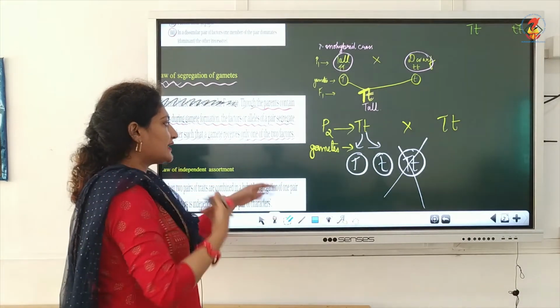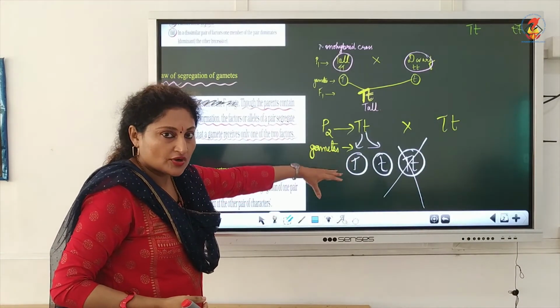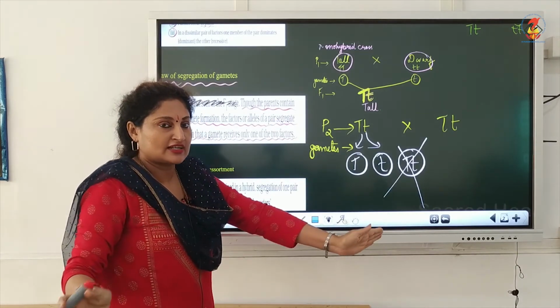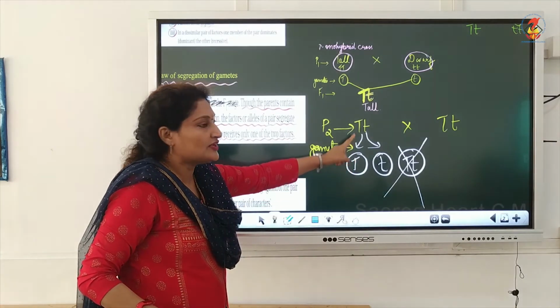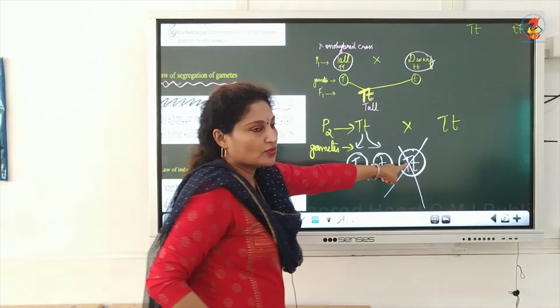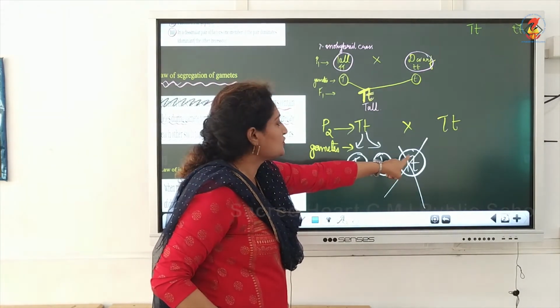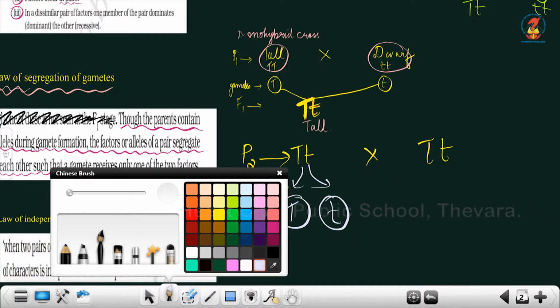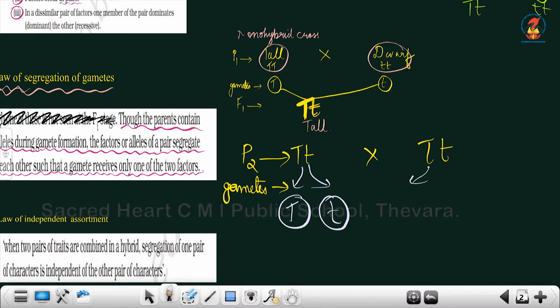So, once again, during gamete formation, the alleles separate from one another such that the gametes receive only one of the alleles, never both. Such a gamete with two alleles does not happen. Okay, so I am continuing this here also.